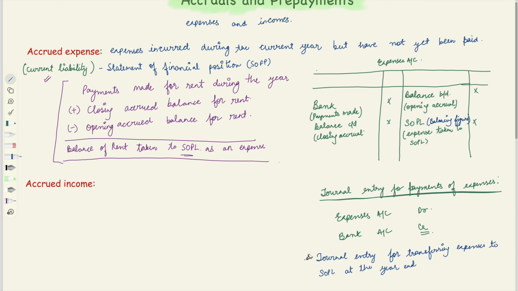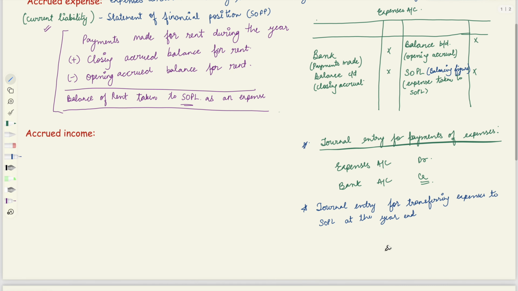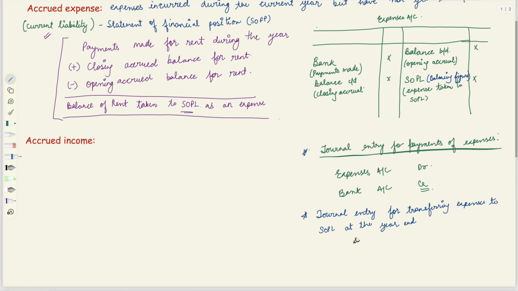That would be your statement of profit or loss debit and your expenses account credit.